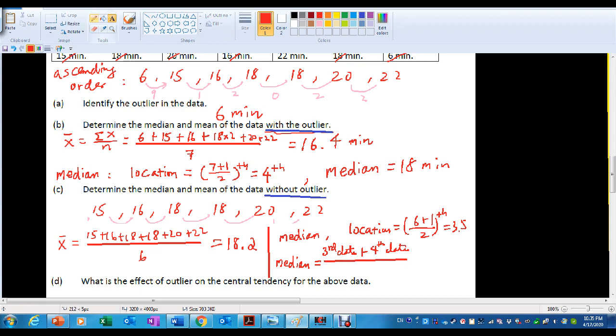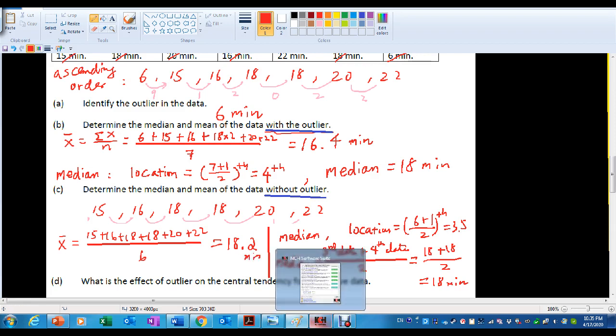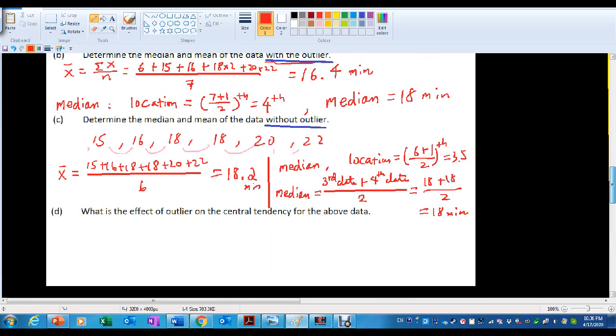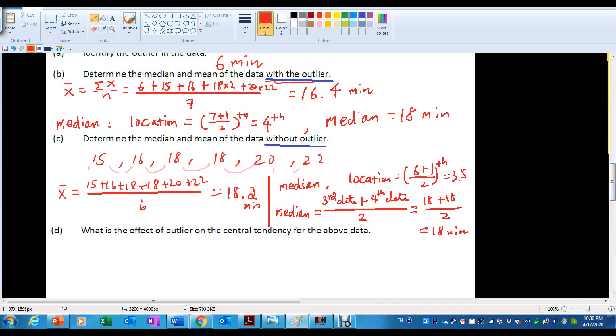The third data is 18, the fourth is another 18, divided by 2 is 18 minutes. Let's compare this time. Without the outlier, the mean is very, very close to the median, and the median does not change from the previous median.